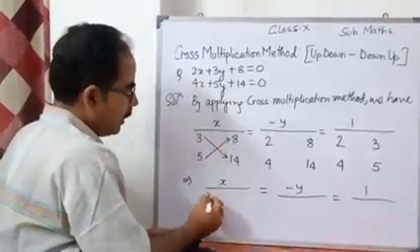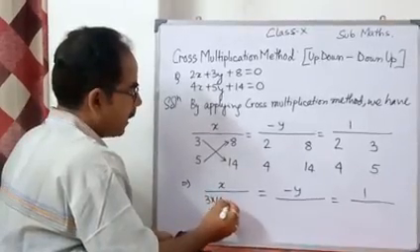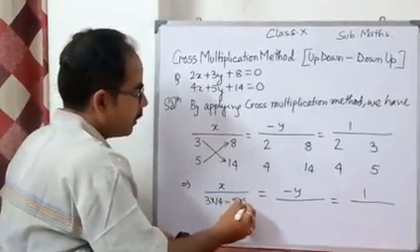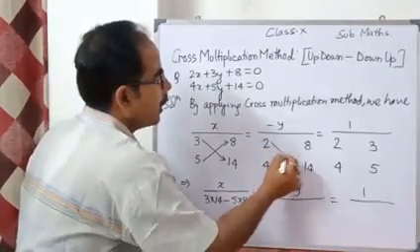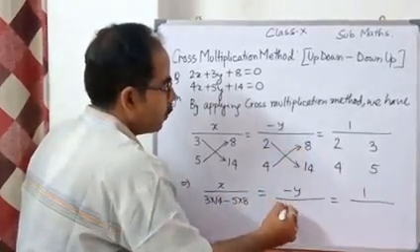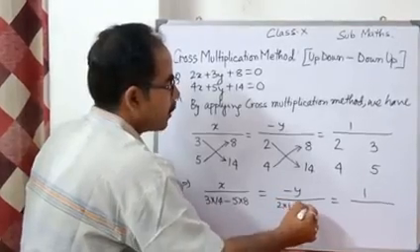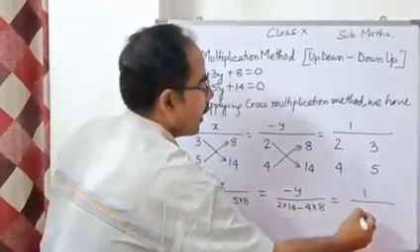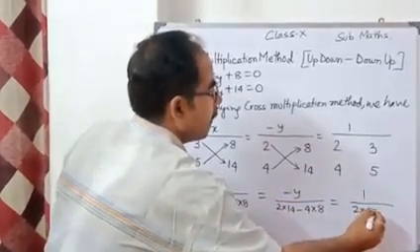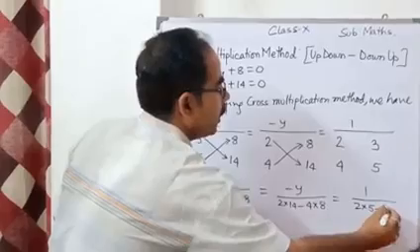That means 3 into 14 minus 5 into 8. Okay students. Next here also up down, down up. That means 2 into 14 minus 4 into 8. Similarly 2 into 5 minus 4 into 3.